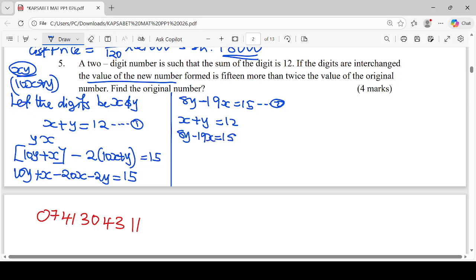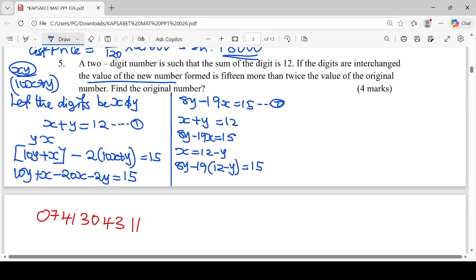Let me solve these two equations using the substitution method. x can be given as 12 minus y as per the first equation. When I substitute it here, I'm going to have 8y minus 19 into x, which is given by 12 minus y. This should be equal to 15.